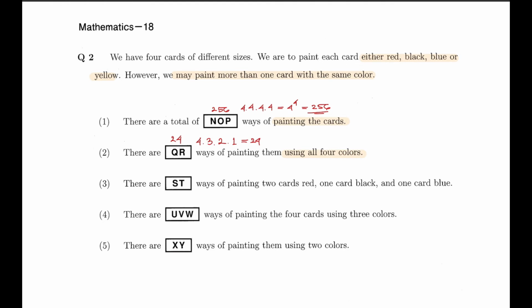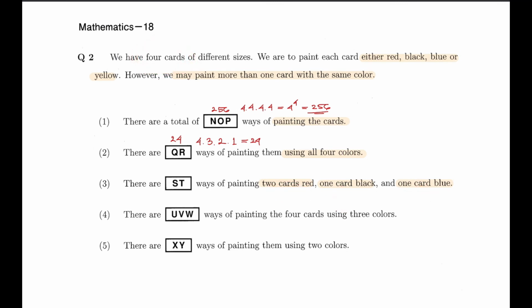The third question, there are blah blah blah ways of painting 2 cards red, 1 card black, 1 card blue. On this question, the restriction is we only use red, black, and blue. But out of 4 cards, we have to use red twice, and then 1 for black, and then 1 for blue.